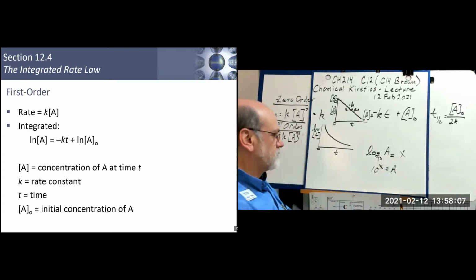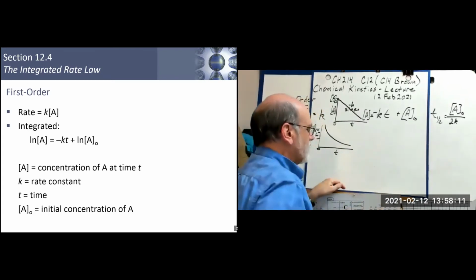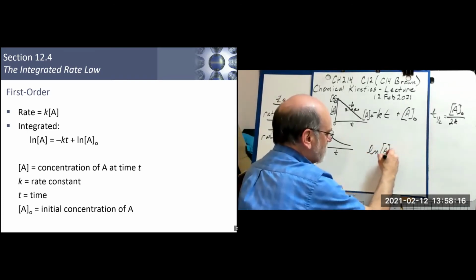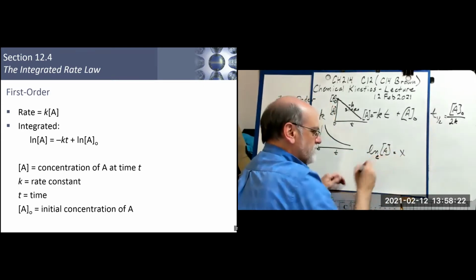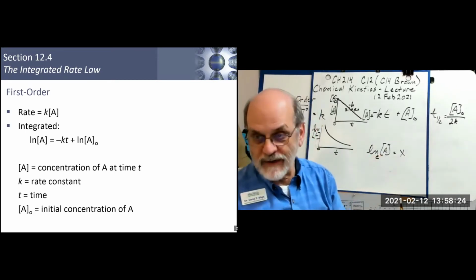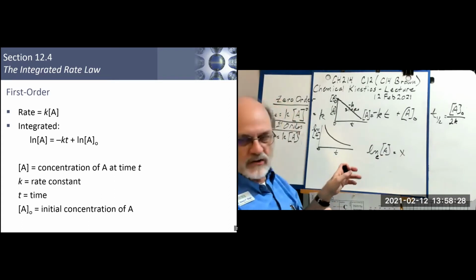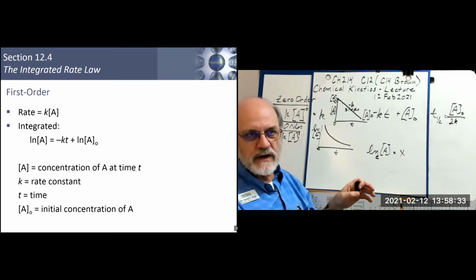So for this one, if the natural log of the concentration of A equals something, this base is E. That's a very special number in mathematics. It's an irrational number. It's a non-repeating decimal, 2.7 something, something, something.